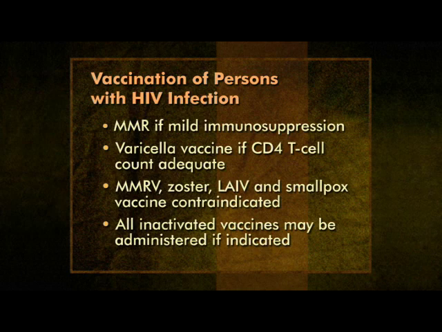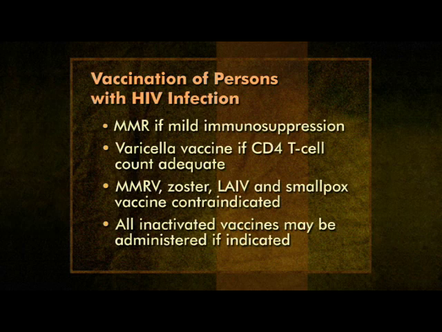Persons with HIV infection who are mildly immunosuppressed and not severely symptomatic should receive measles, mumps, rubella vaccine. This is because of the high risk of complications of measles disease in these persons. The ACIP also recommends that monovalent varicella vaccine be administered to persons with HIV infection with adequate CD4 T-cell counts.